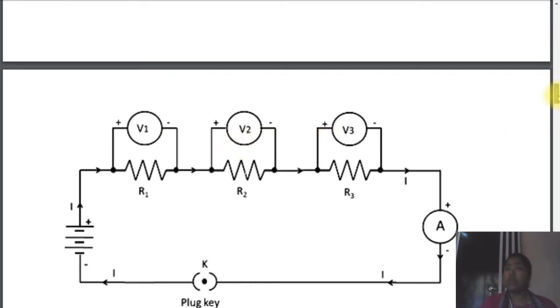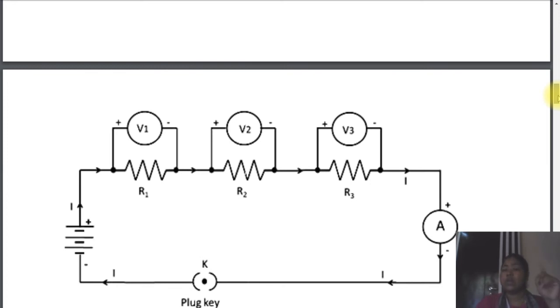Now we understand the two phenomena. You have to remember two points for the series combination of resistors. Number one, the current will remain the same through each resistor, and the potential difference will be distributed among the resistors. That means the potential difference will be different across each resistor.